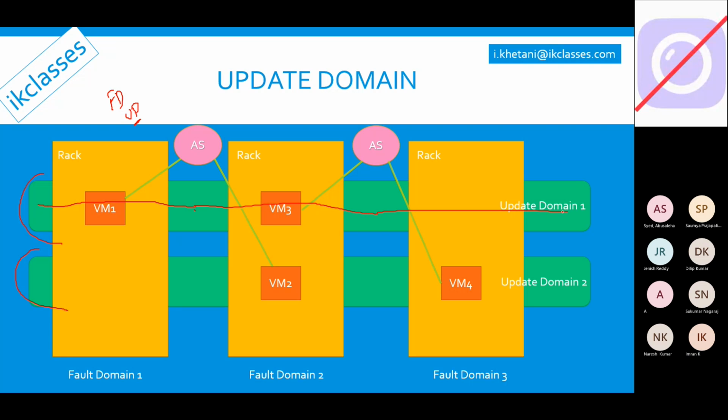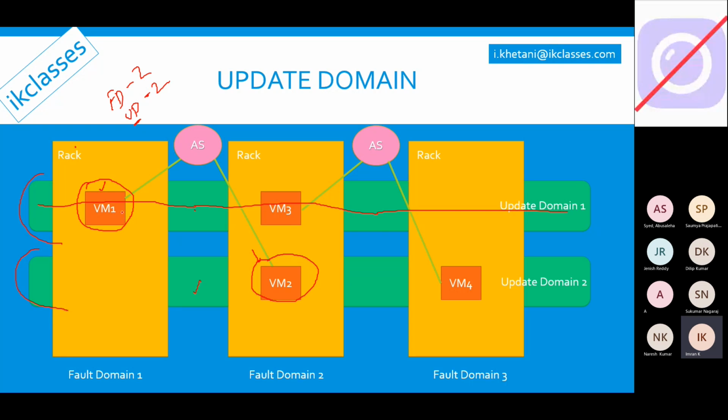Okay, they're not patching the second one. So if you have selected two fault domains and two update domains, Microsoft will make sure that your machine is deployed in one fault domain, and the second machine is deployed in a second fault domain and second update domain, a different fault domain and different update domain. So they are not a single point of failure now.